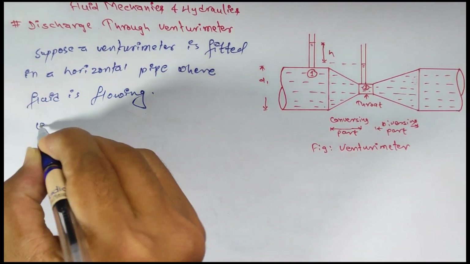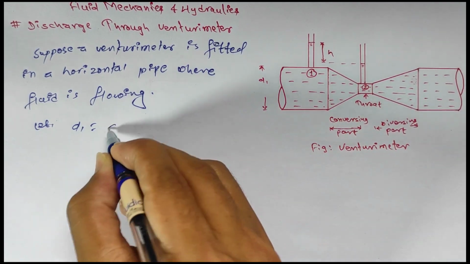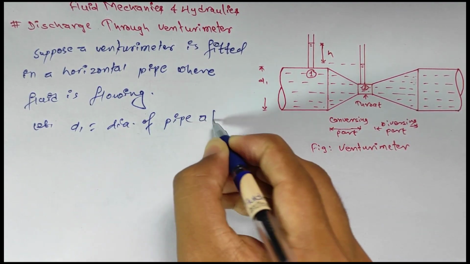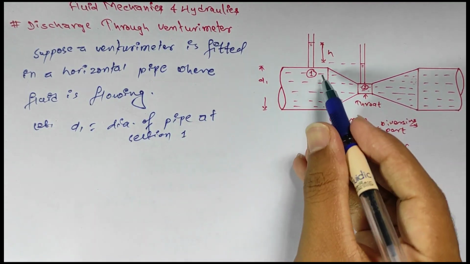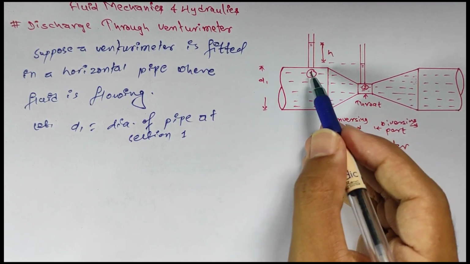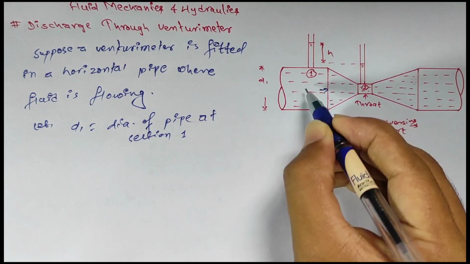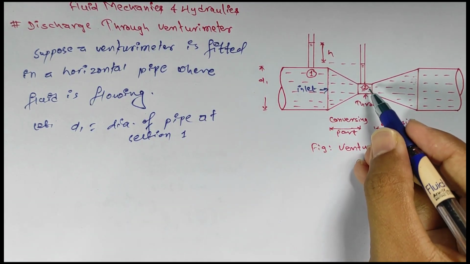Then let D1 be the diameter of the pipe at section 1. Here are 2 sections, 1 and 2. One is in the pipe before the inlet, this one is the inlet, and another one is in the throat.